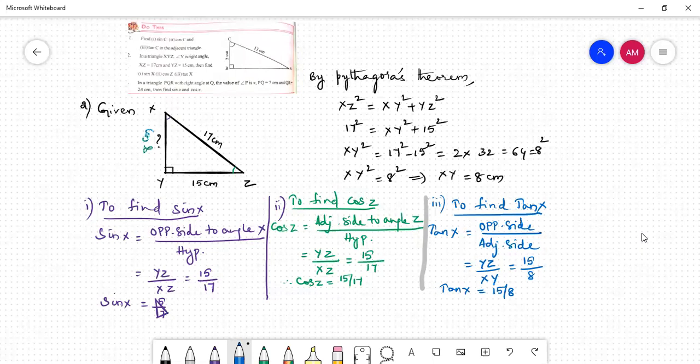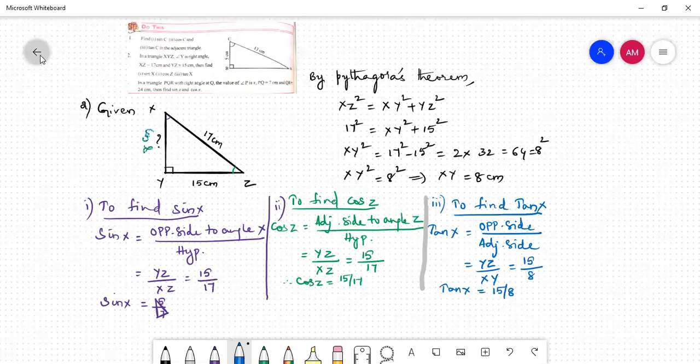For cos, adjacent side by hypotenuse. For tan, opposite side by adjacent side. For different angles, they will have different opposite and adjacent sides. For x, the opposite side is YZ. For z, the opposite side is XY.